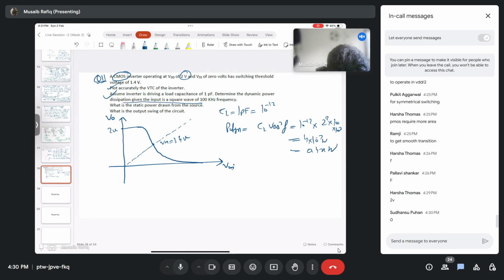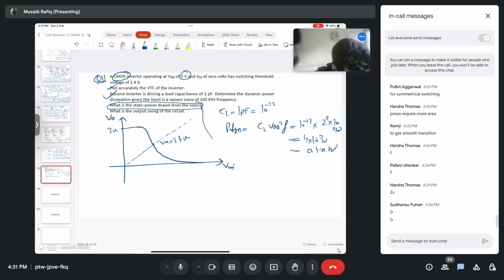So what will be the static power dissipation from the source? Anyone? Why?